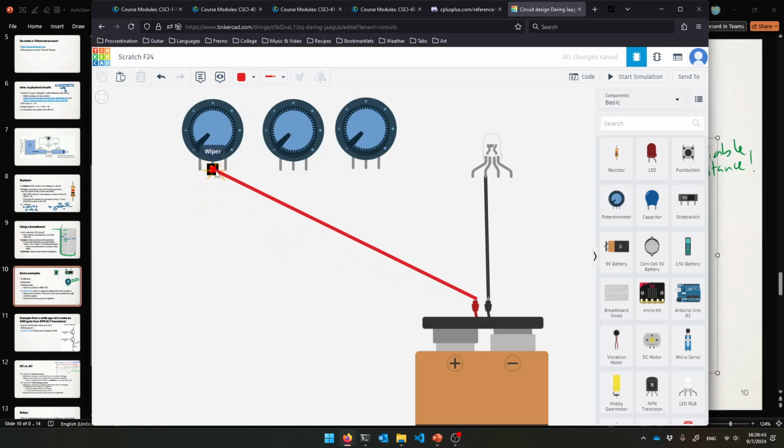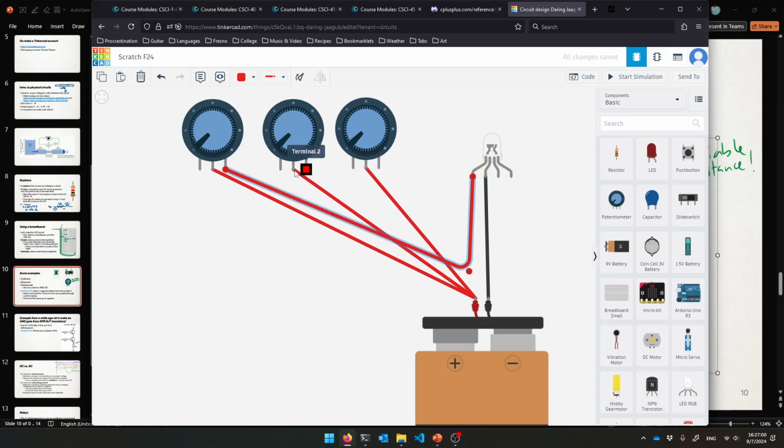So wiper, oops, I'm just going to do that. It's going to look ugly, and you can't really do this in real life, but it's easier this way. Then I'm going to have terminal 2 coming out over here and going into red. This one can go to green, and this one can go to blue. I know that's ugly, but that's kind of the idea.